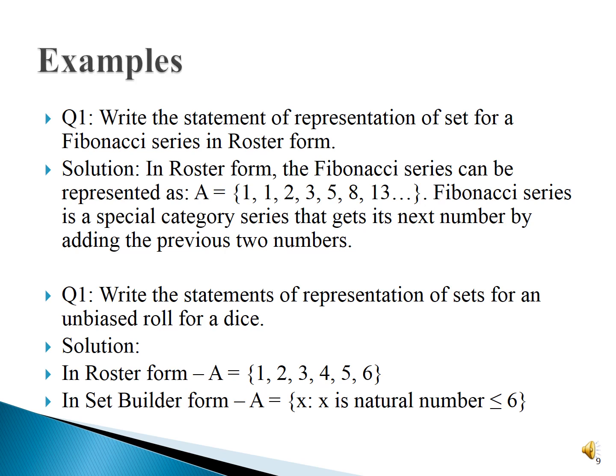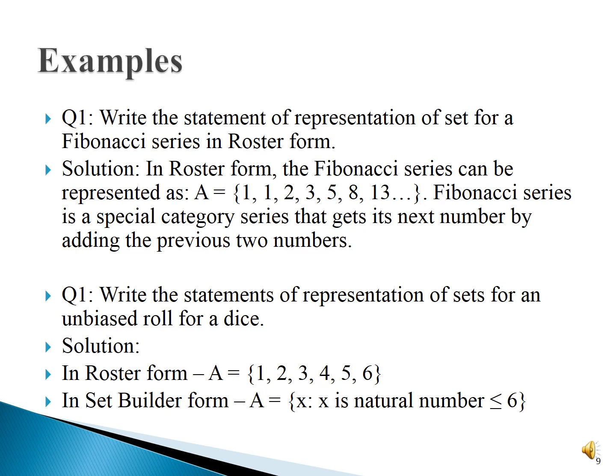The next question is, write the statement of representation of set for an unbiased roll of a dice. So in the roster form, the set A will contain 1, 2, 3, 4, 5, 6, because we know that the dice has 6 faces or 6 sides.